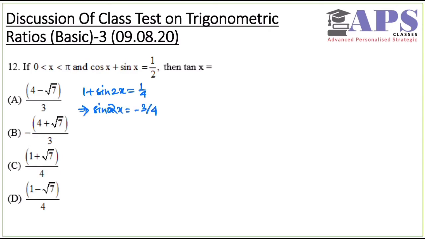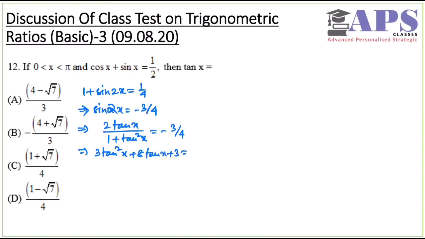Now sine 2x can be written in terms of tan x, that is 2 tan x by 1 plus tan square x. Okay, that's minus 3 by 4. So now that implies 3 tan square x, if I cross multiply and change sides, plus 8 tan x plus 3 equal to 0. That's a quadratic equation. We can easily find the value of tan x.